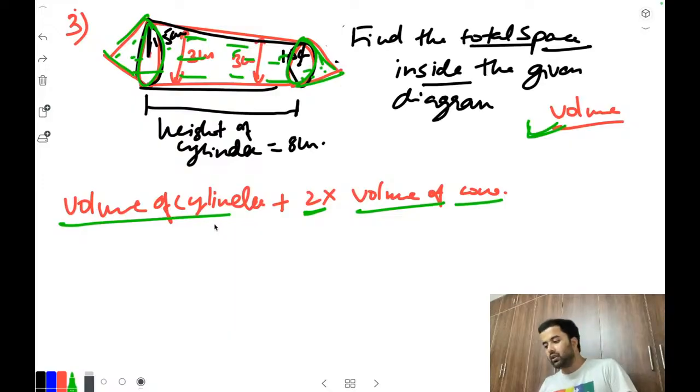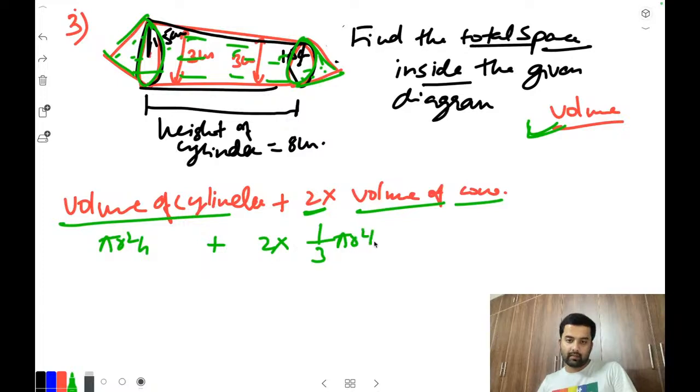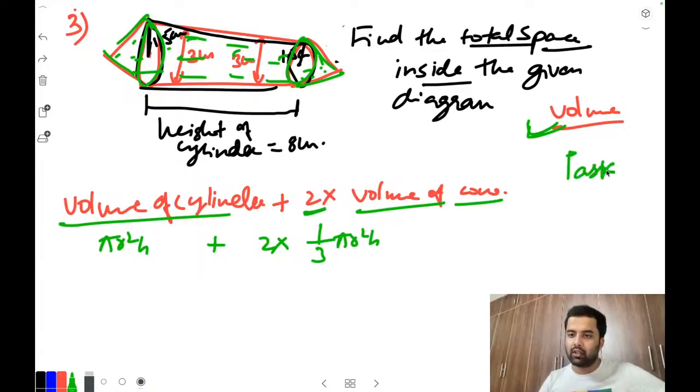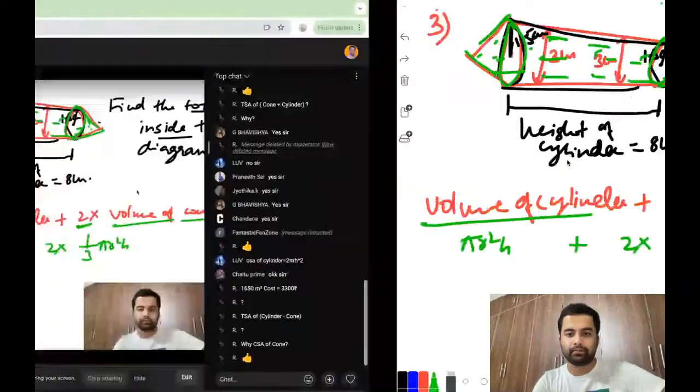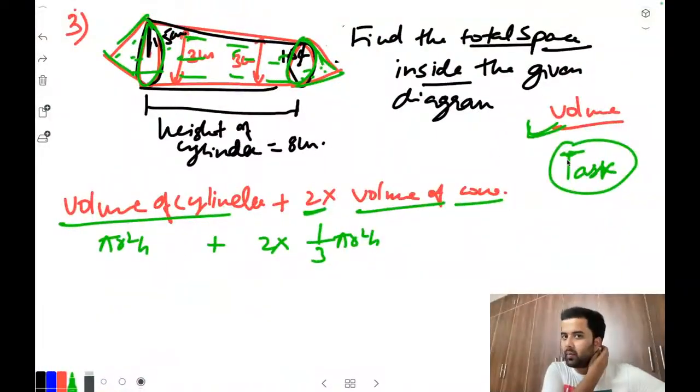Let me mention the formula; just figure out the answer directly. Volume of cylinder stands for pi r square h, plus 2 into volume of cone, which stands for 1 by 3 pi r square h. Just copy this question and do it on your own, for the task. Copy this, everyone.